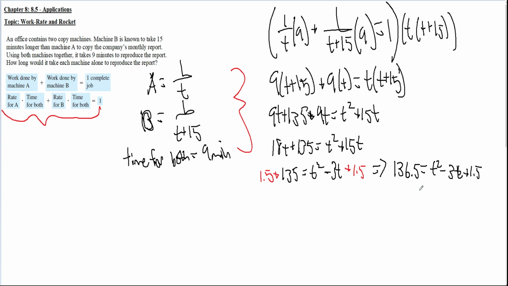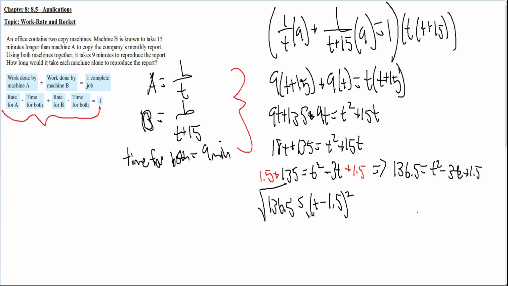And so this will factor into 136.5, which is equal to t minus 1.5 squared.